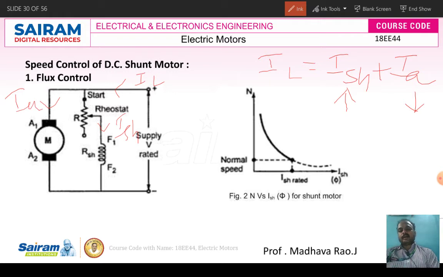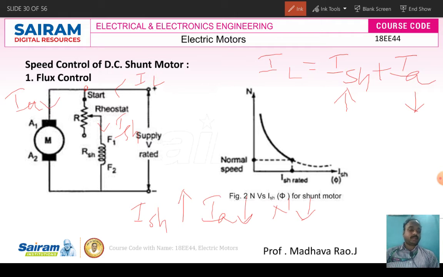When field current is increased, armature current will decrease, so that the speed will be decreased. The speed is always proportional to the armature current.